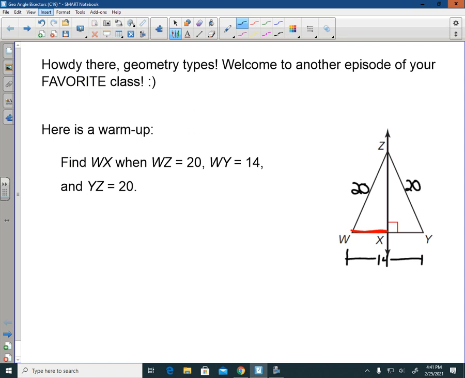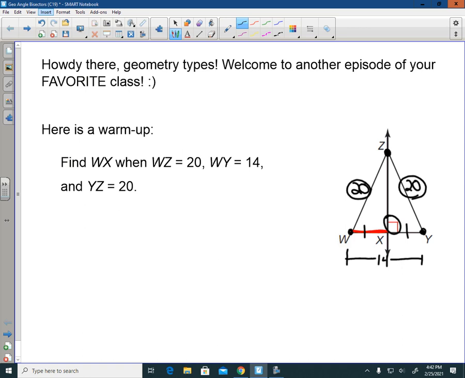And we have the converse of the perpendicular bisector theorem, which says if a point is equidistant from the endpoints of a segment, then it is on the perpendicular bisector of the segment.